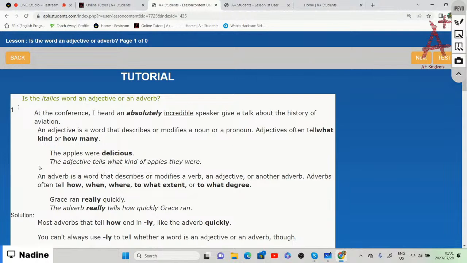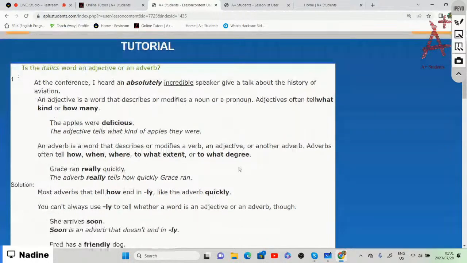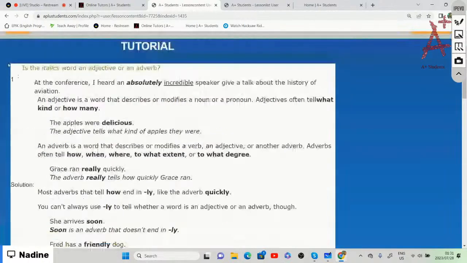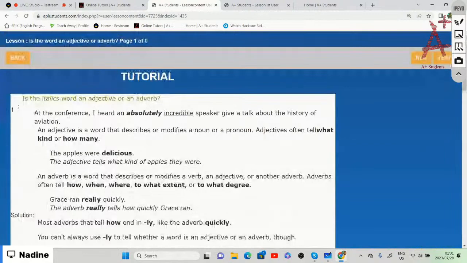If we look at the example of an adjective over here, Fred has a friendly dog, friendly ends in ly, and in this case it is an adjective, not an adverb. All right, so now we need to say if the word is an adjective or an adverb.